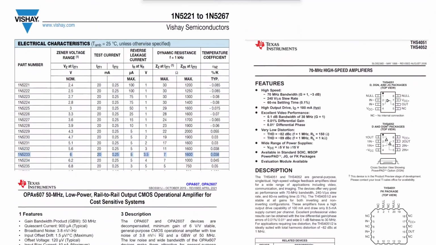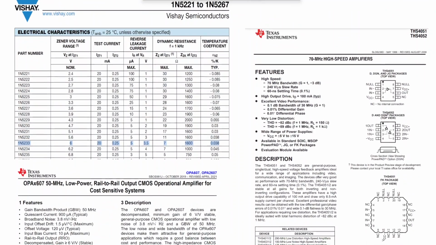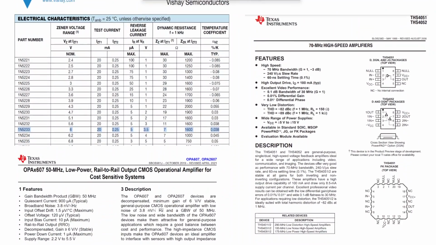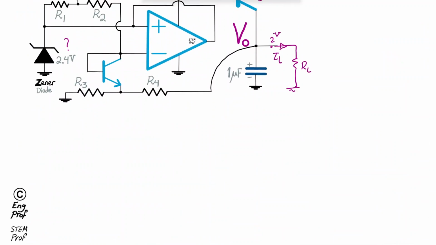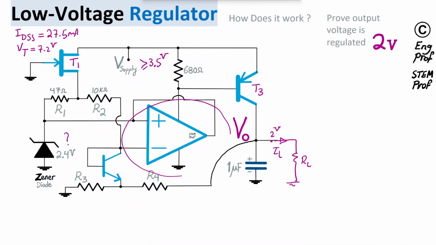So in the middle of the video, I'll talk about the choice of the Zener diode and why, and also potential choices for the OpAmp. The single OpAmp used in this circuit doesn't need to be high speed, it just needs to be a good OpAmp with low offset current and low noise.